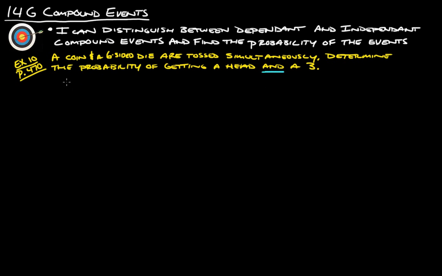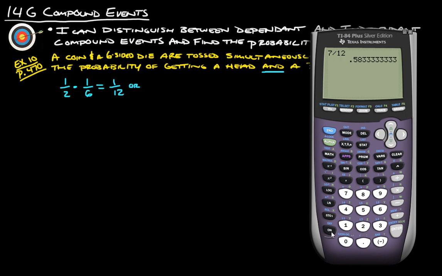So the probability of getting heads is 1 out of 2. And the probability of getting a 3 on a six-sided die is 1 out of 6. Since it's "and," you multiply those two probabilities together to get 1 out of 12. Let's see, 1 divided by 12 gives us 8.3%.